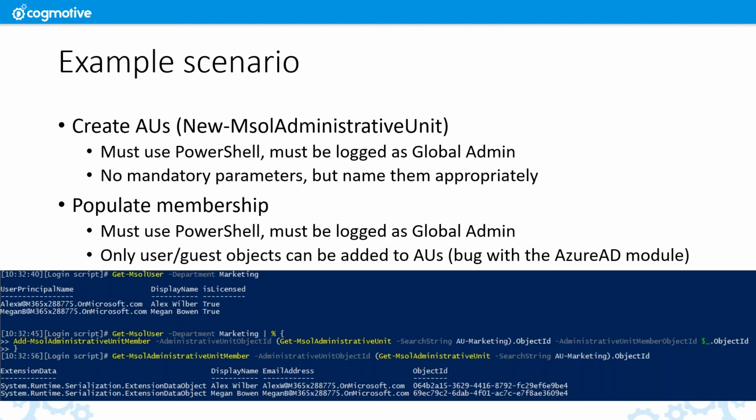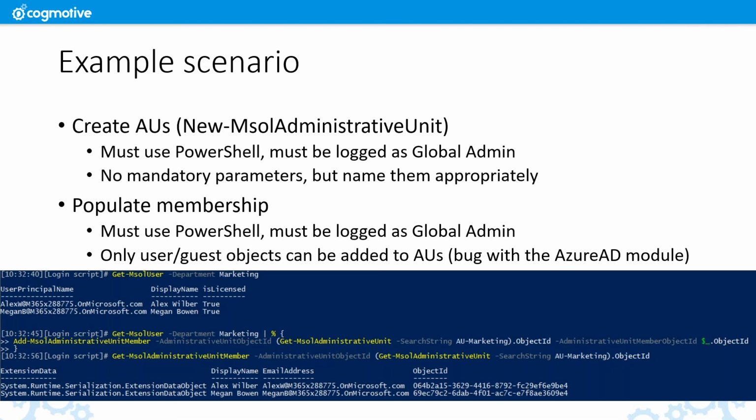there are no restrictions on who you can add as a member of an administrative unit, and one of the differences compared to organizational units is that a single user can be a member of more than one administrative unit. So you can only add users. That includes the guest user objects, which some of you might already have in your Office 365 tenants, but you cannot add groups.